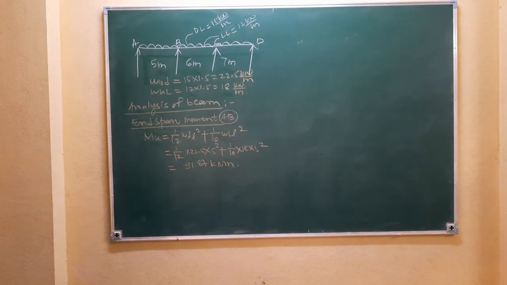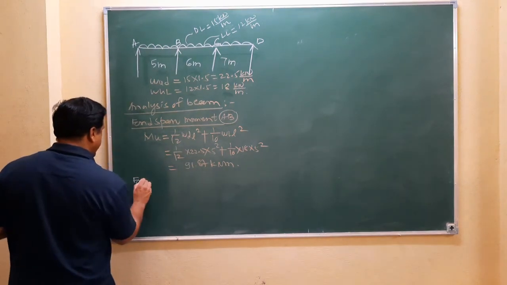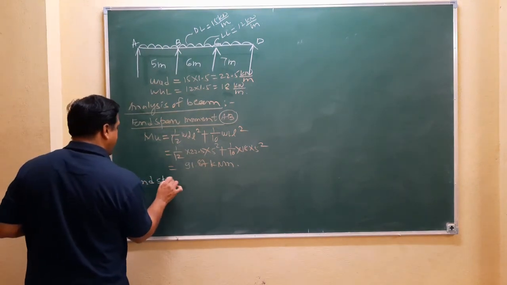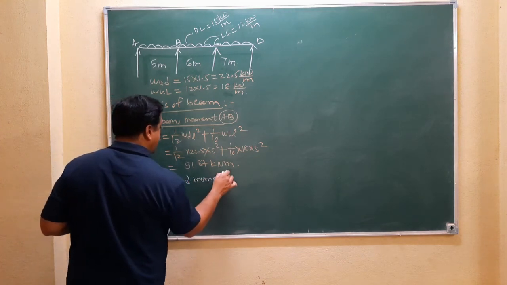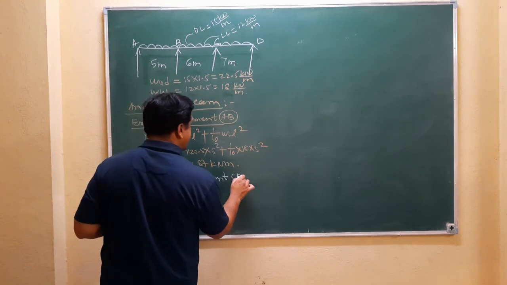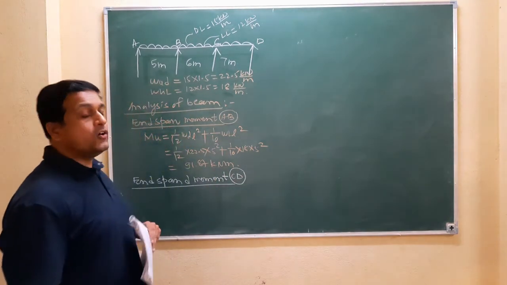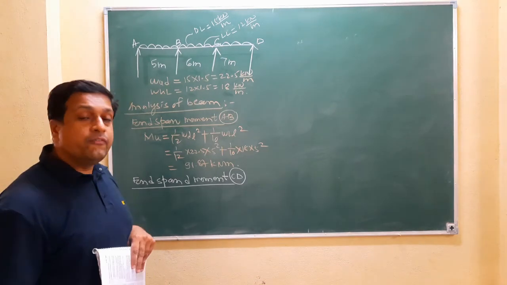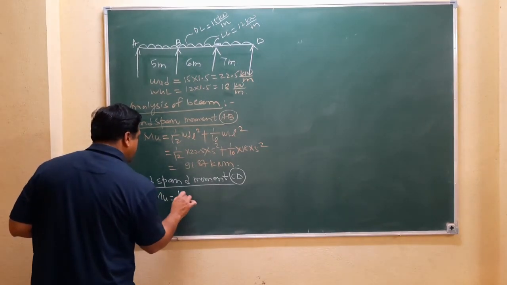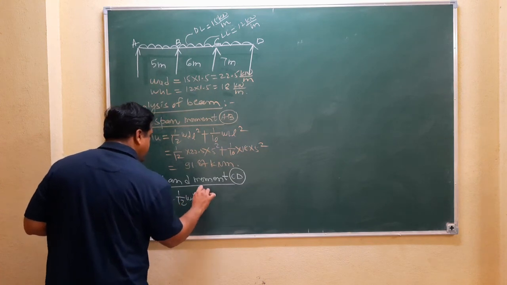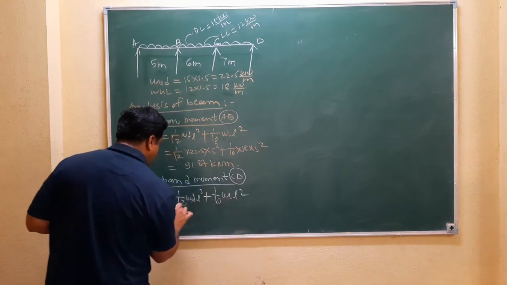Okay. Now next is end span moment CD, because CD is having different span value. So you have to use same formula. It is 1 by 12 W dead L square plus 1 by 10 W live L square.